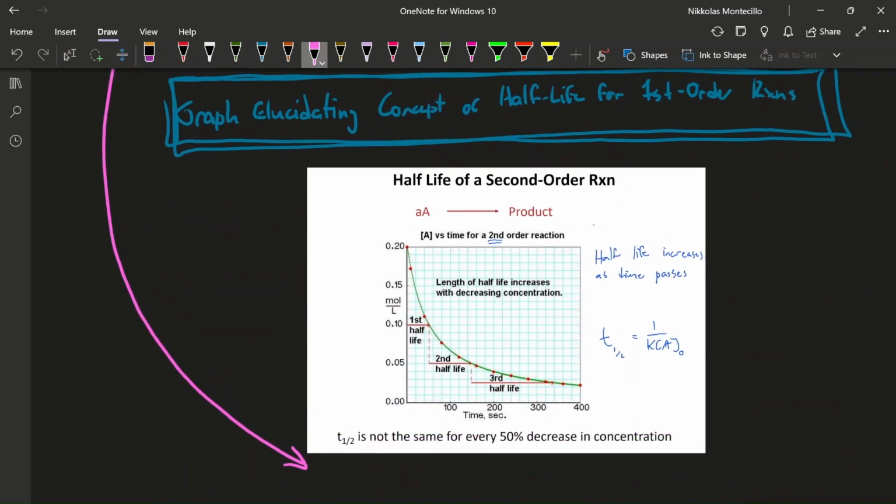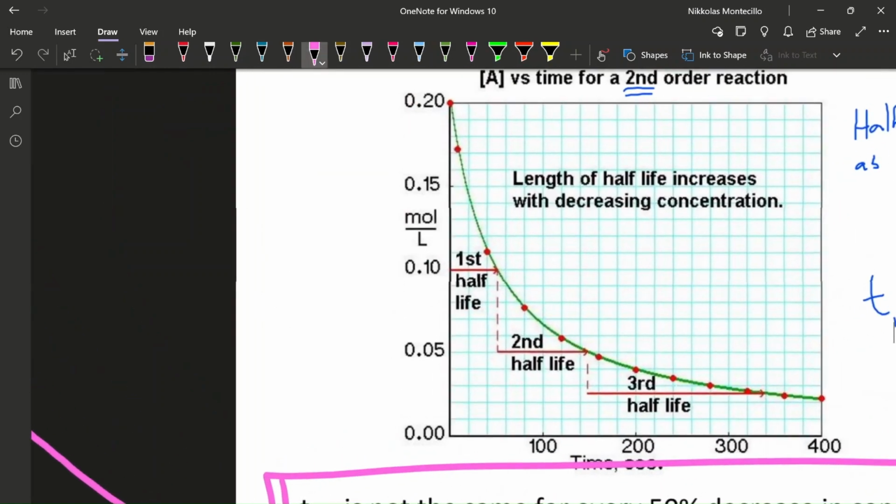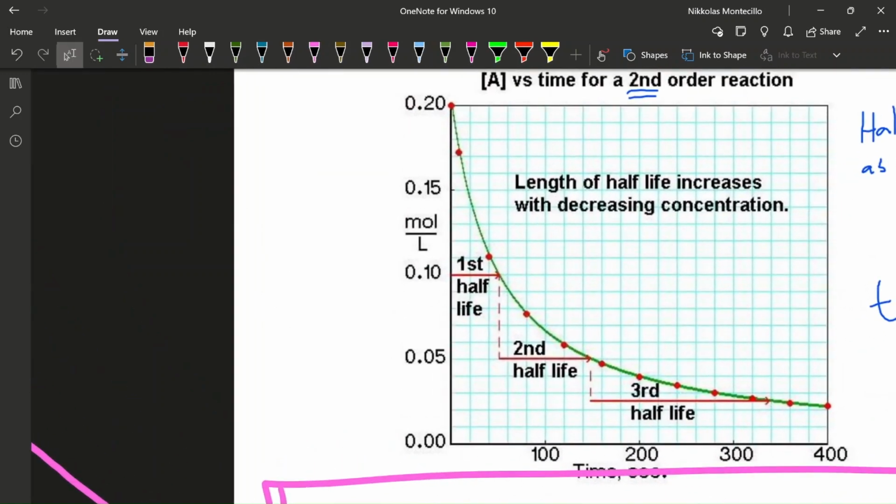The length of the half-life increases with a decreasing concentration. We can see here, for example, for a second order reaction, that the first half-life is approximately 50 seconds.